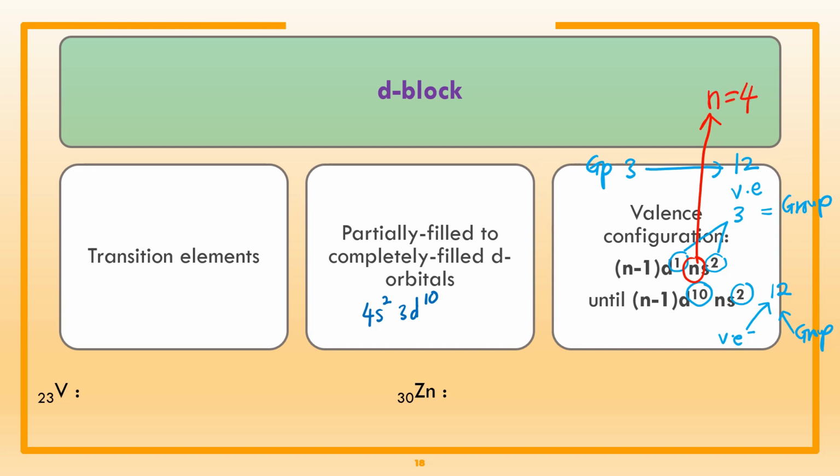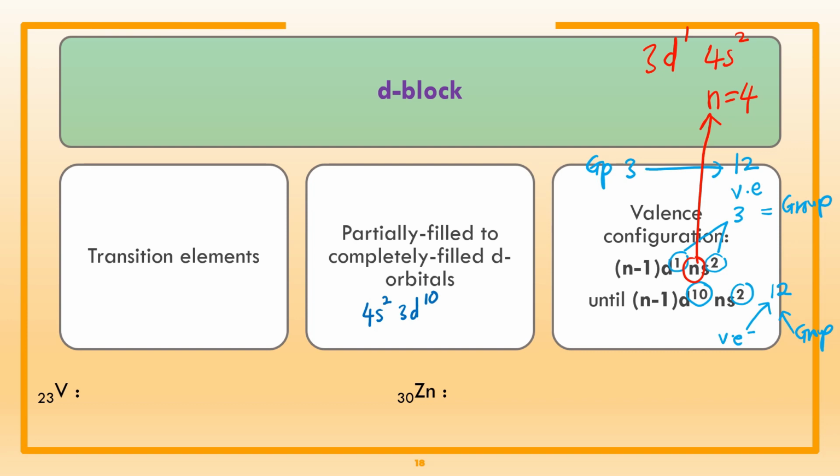So for ns2, the configuration will be 4s2. And to get the value of (n-1)d, when n is 4, n-1 means 3. So for the d orbital, the configuration is 3d1.